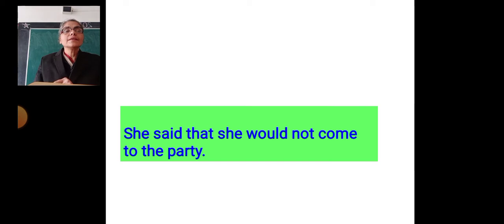She said that she would not come to the party. First thing, in a sentence of indirect speech, double inverted commas are not used, and these are not the exact words conveyed by the speaker.